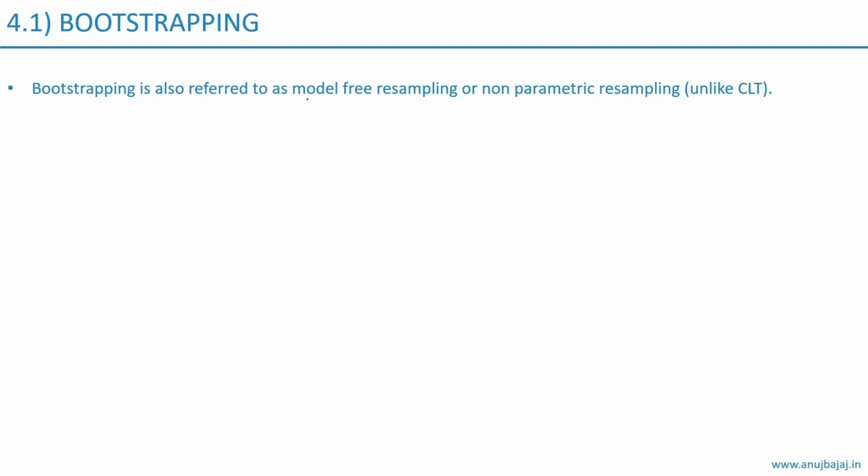Bootstrapping is also referred to as model-free sampling or non-parametric sampling, unlike the central limit theorem. If you remember, for the central limit theorem to work, the population should have a finite mean and a finite variance.